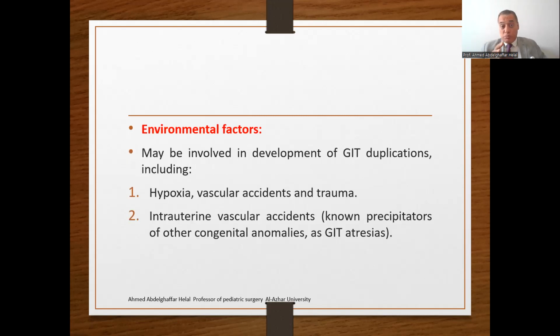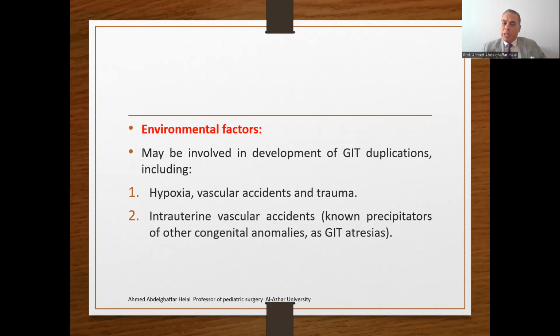Environmental factors may be involved in the development of the gastrointestinal duplication, including some form of hypoxia, vascular accident, and trauma. Intrauterine vascular accident is a known precipitator of other congenital anomalies like gastrointestinal tract atresia, so it may also be related to the formation of gastrointestinal tract duplication. So it is a multifactorial process.